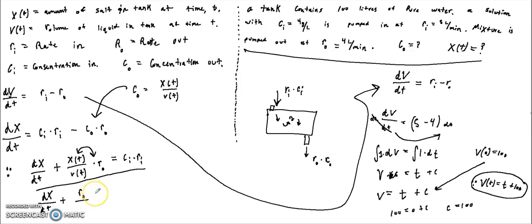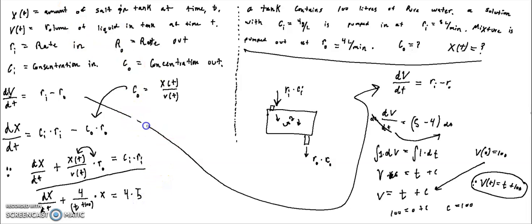So Ro is actually just 4 over t plus 100, because that's v of t, and then times x of t, but we know it's in terms of t, so we can just write x for simplicity's sake, equals Ci, which is 4, times Ri, which is 5.